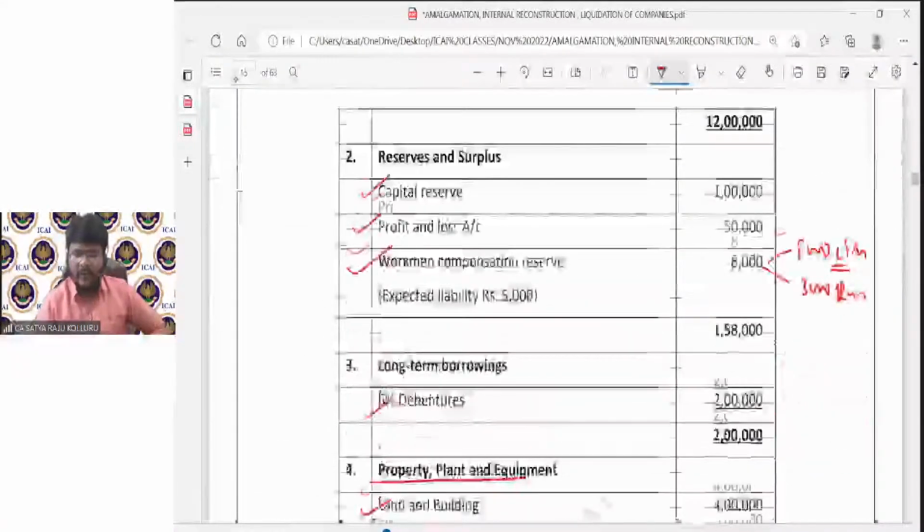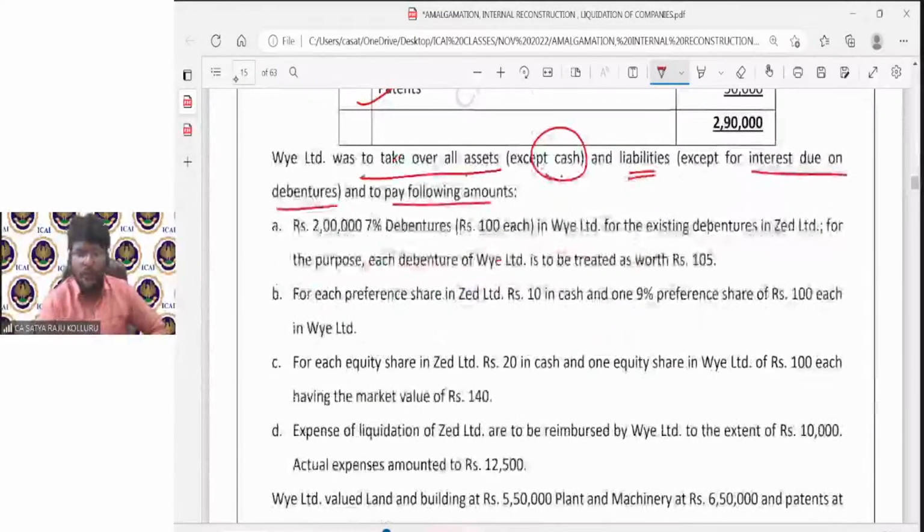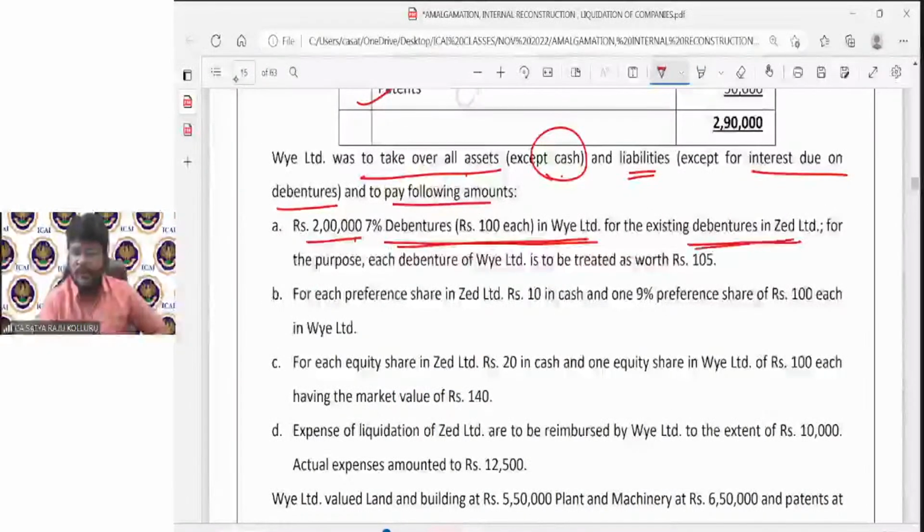What is the further information we read at that point of time? Y Limited was to take over all the assets except cash and all the liabilities except interest due on debentures, and to pay the following amounts. Rupees 2 lakhs face value, 7% debentures in the selling company, for the existing debentures in the purchasing company. For this purpose, each debenture of the selling company is to be treated as worth 105.